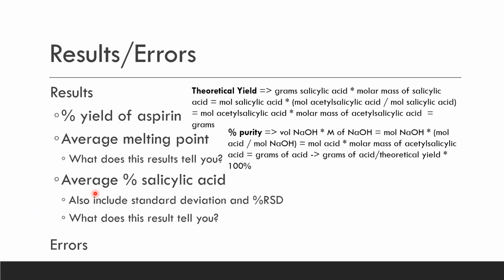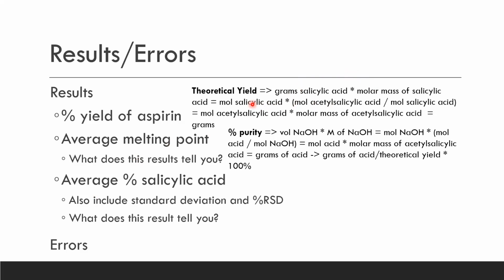In terms of theoretical yield, you should have your theoretical yield from the pre-lab assignment or pre-lab quiz that we just took. But in case you didn't get it, you want to take the grams of salicylic acid and divide by the molar mass to get moles, right?